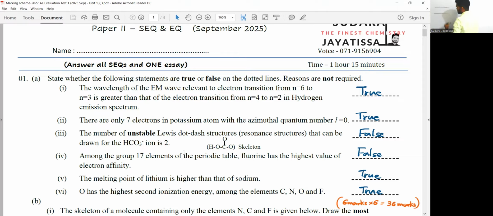What is the other transition they are expecting to compare here? 4 to 2. Okay, 6 to 3 and 4 to 2.